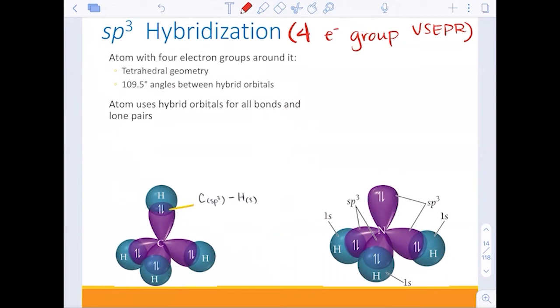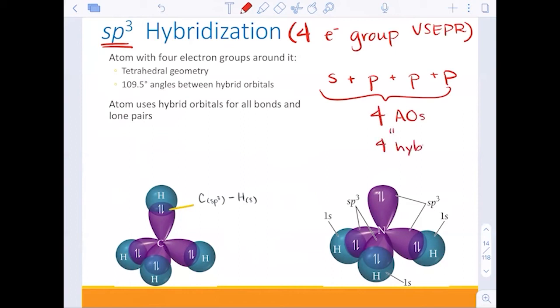That must mean that the actual atom in the center hybridized in an sp3 fashion. Notice the s, the p, and the p. Those are 4 atomic orbitals going to make 4 hybrid orbitals, which is 4 electron groups.